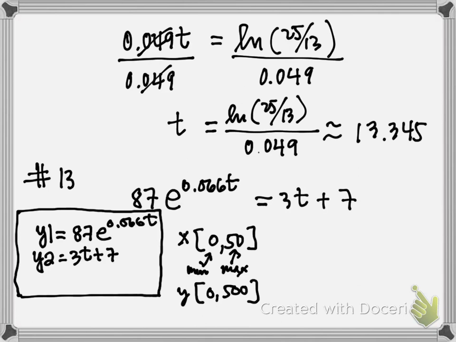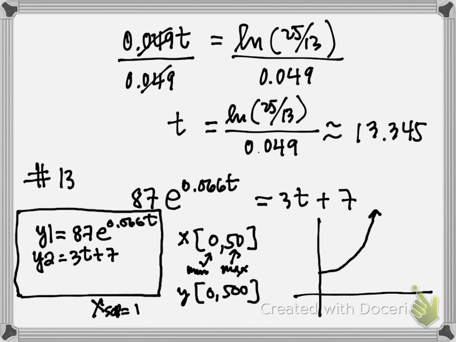For the scale, it also asks you for x scale. Usually we just keep it as 1, and even with the resolution, just keep it as 1. Now if you do the graph correctly, you should see that the exponential one goes like that.